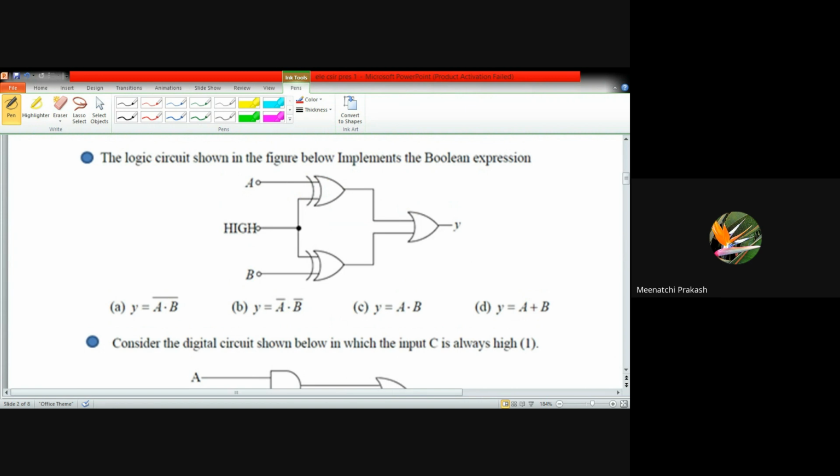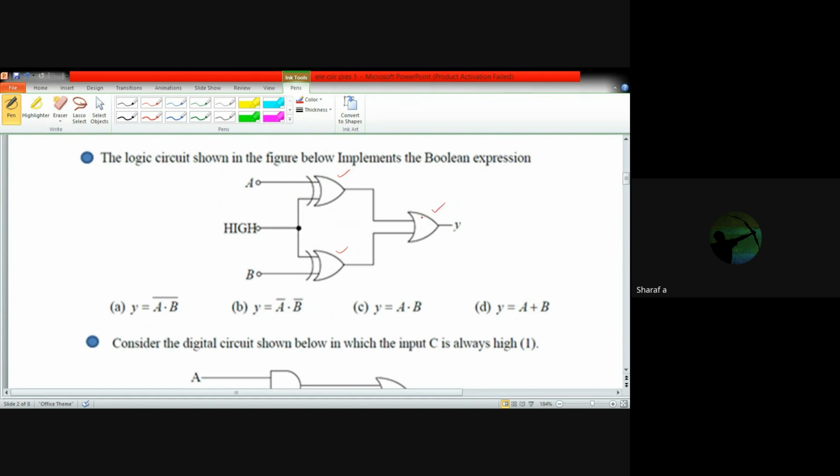Option A, sir. Option A. Okay. Anyone else got the answer? Okay, I will explain that anyway. So you have two XOR gates. You can see one XOR gate here, one XOR gate here, and an OR gate.